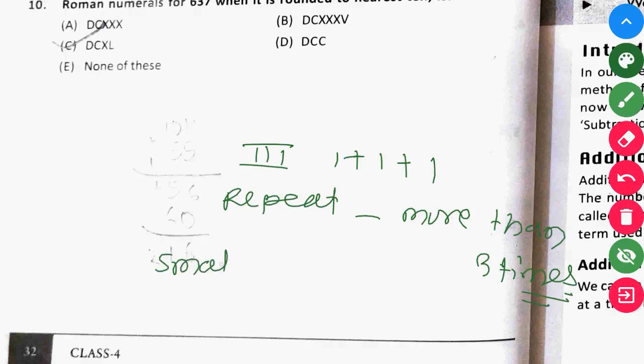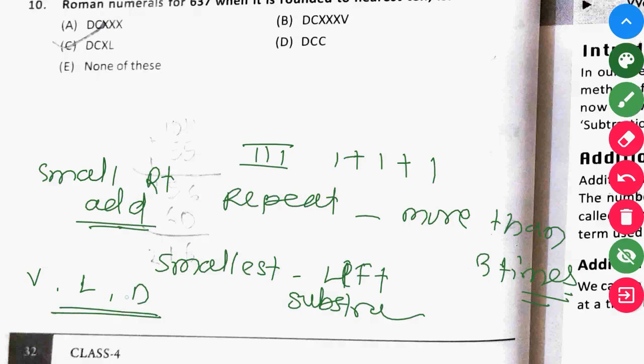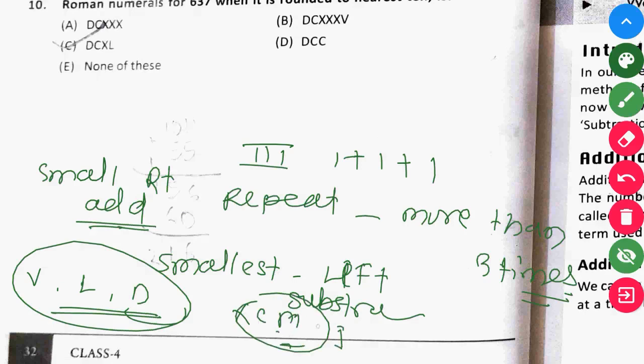If the smaller number is written at the left, then you have to subtract. If the smaller number is at the right, then add. V, L, D cannot be repeated. X, C, M can be repeated. I can be repeated, but not more than 3 times.